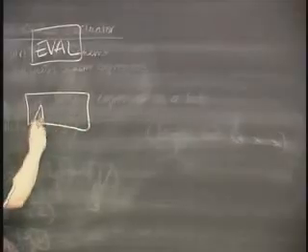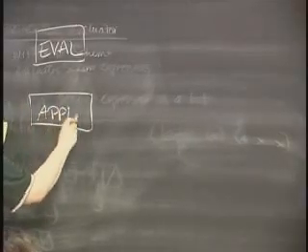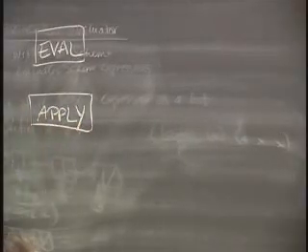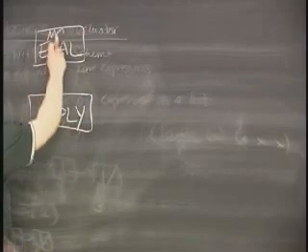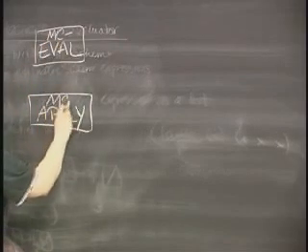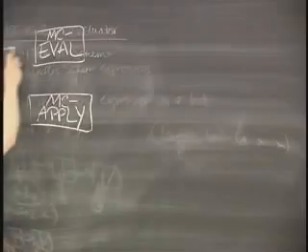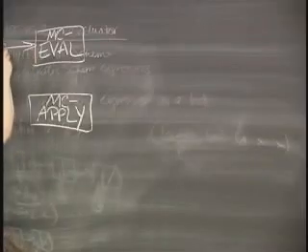We have eval, and we have apply. In our system, these will be called MC eval and MC apply, for metacircular. Metacircular eval, metacircular apply. The evaluator takes in an expression.